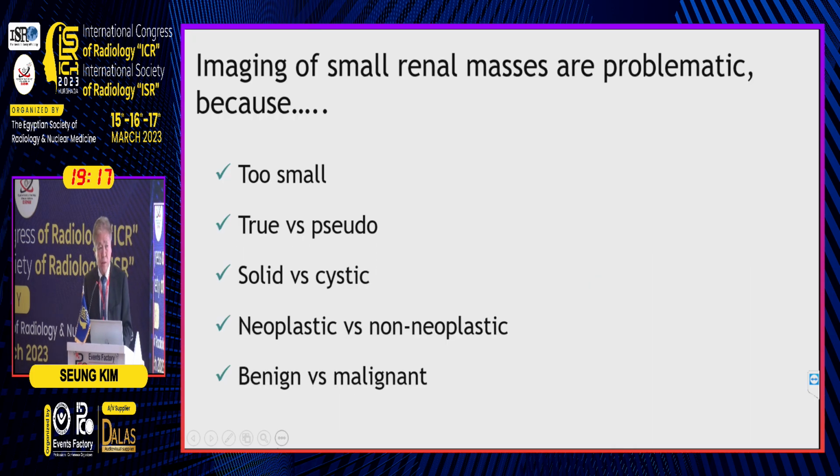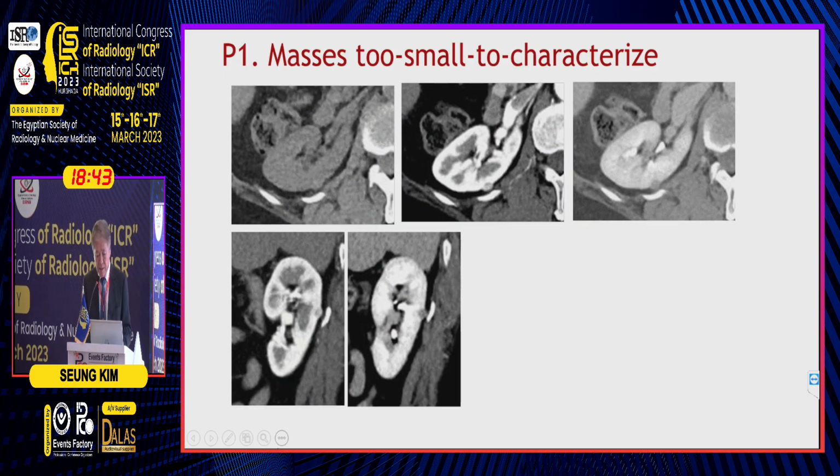Imaging of small renal masses is often problematic because they are too small, and because we have difficulty differentiating between true and pseudomass, between solid and cystic mass, between neoplastic and non-neoplastic masses, and between benign and malignant masses. So I would like to talk in this sequence.